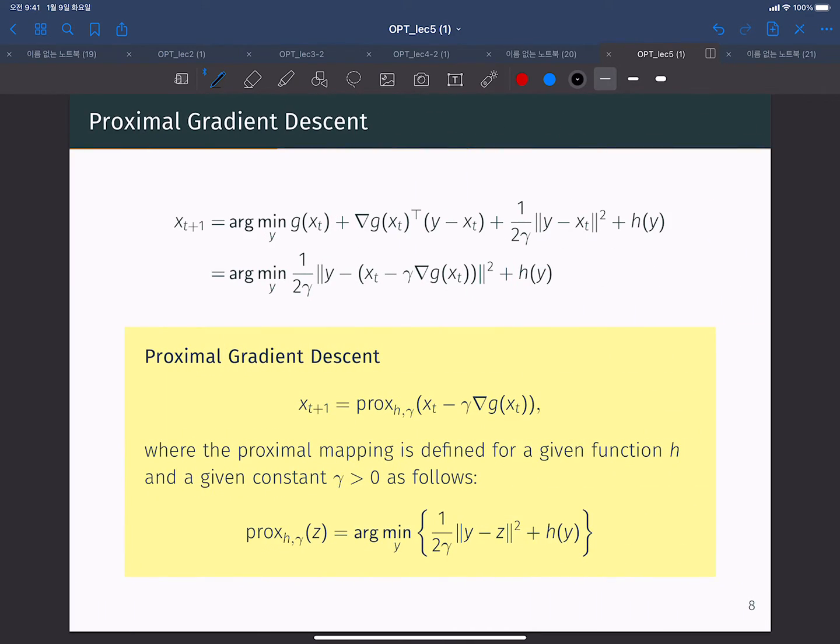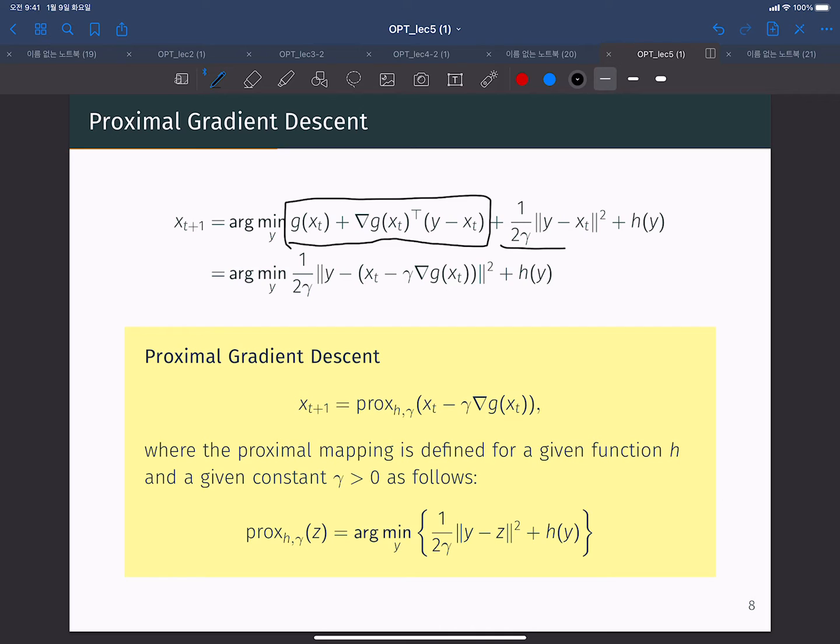In that case, we can define proximal gradient as follows. x_{t+1} is equal to argmin over y of g(x_t) plus gradient of g at x_t transpose (y minus x_t). This is the tangent line of function g. And since g is a differentiable function, we can define the gradient of g(x_t) transpose at every point x_t.